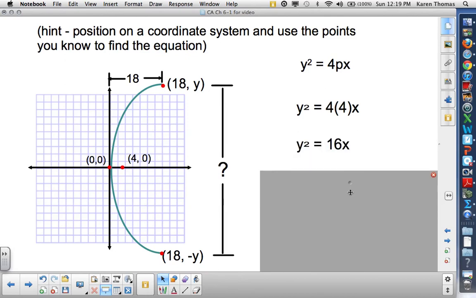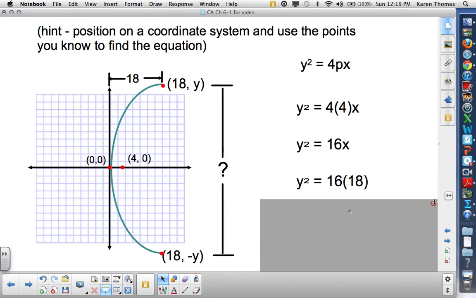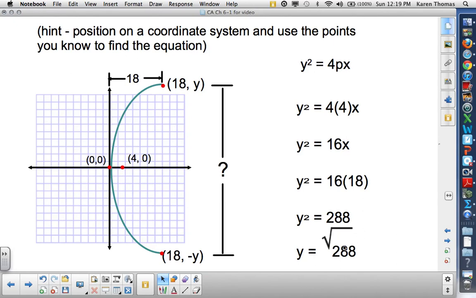I can put 18 in for x and solve for y. I get y squared equals 288, or y equals the square root of 288.